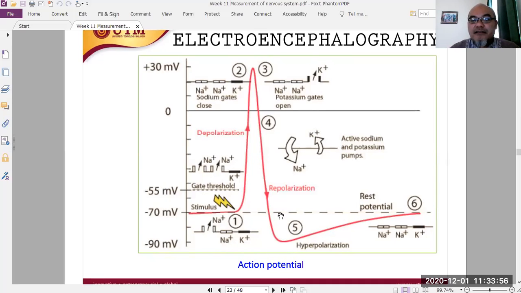Then hyperpolarization occurs here. Then the rest potential is about minus 70 millivolt. I think I have explained this a little bit in the sensor and measurement subject, for the biosignal source. Where does the biosignal source come from?